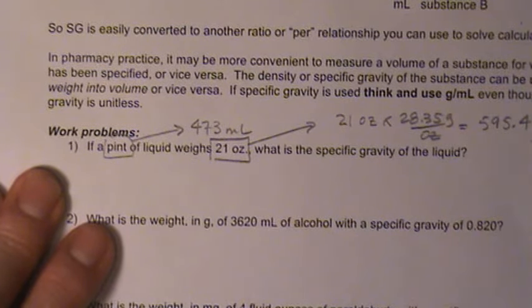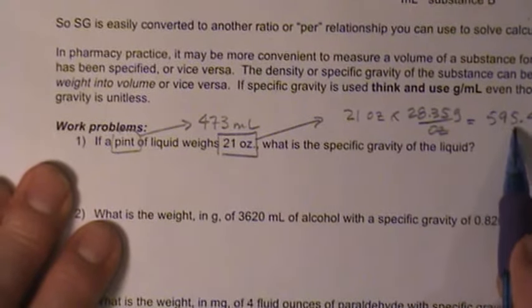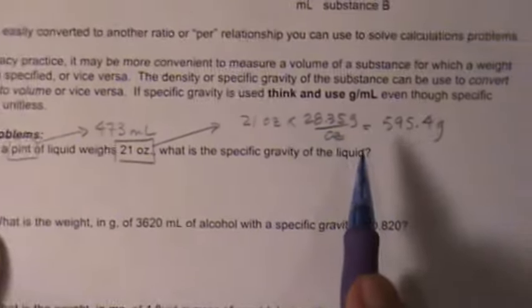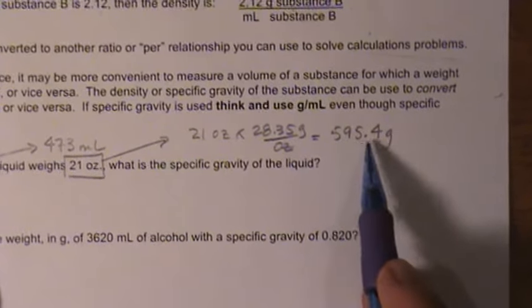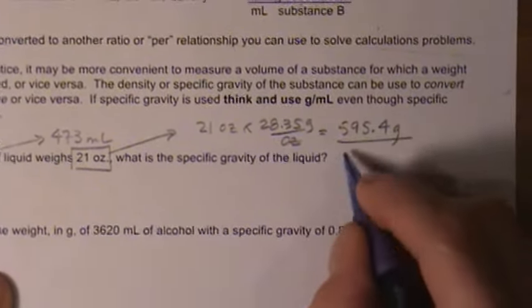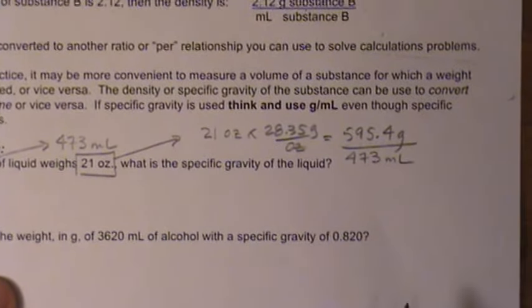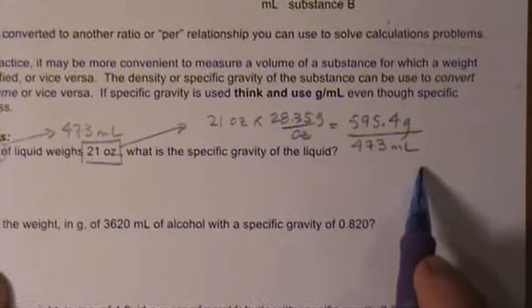Remember, I think grams per mil. Now we have a relationship. There are 595.4 grams of the substance per 473 mils of this substance. I'm gonna bring this down below here.